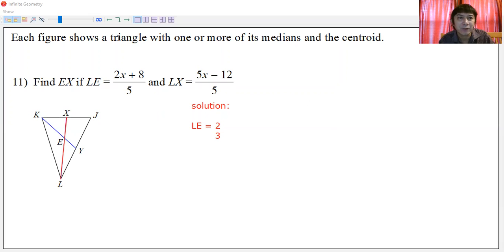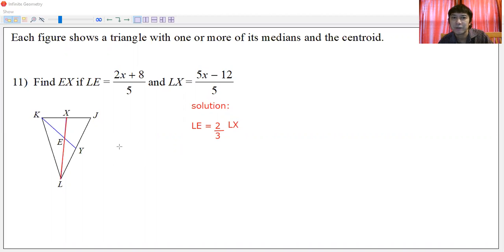Let me make my typing nicer. So this is LX there, and this is supposed to be a fraction 2/3 there.